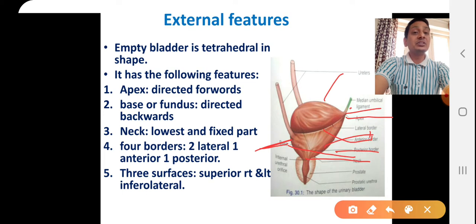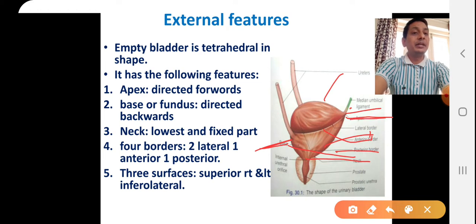Now, the external features of the urinary bladder differ when it is empty and when it is filled with urine. Empty, it is tetrahedral in shape.